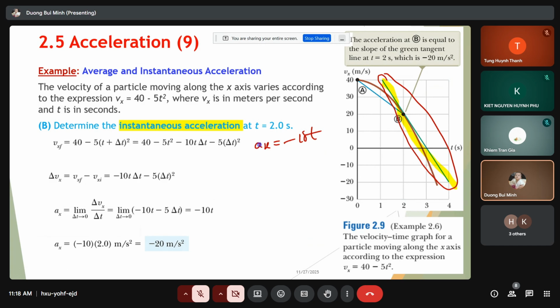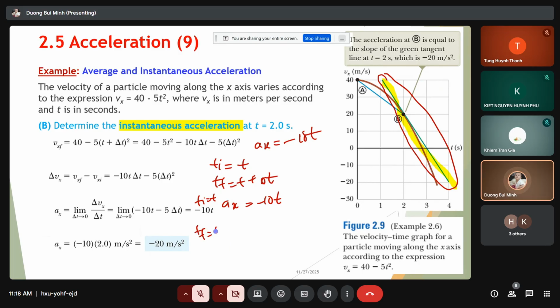So if Ti is t, then Tf is t plus delta t. With Ti equal to t, you get Ax is minus 10 times t.